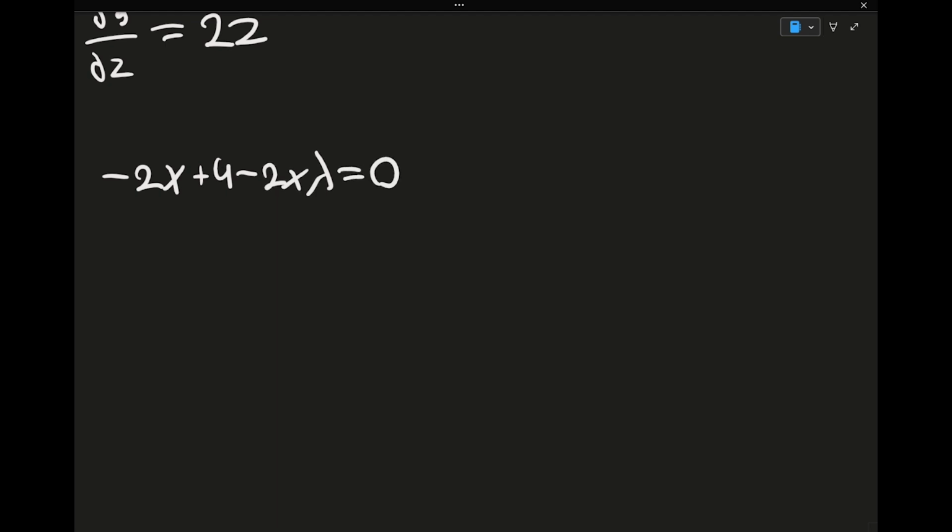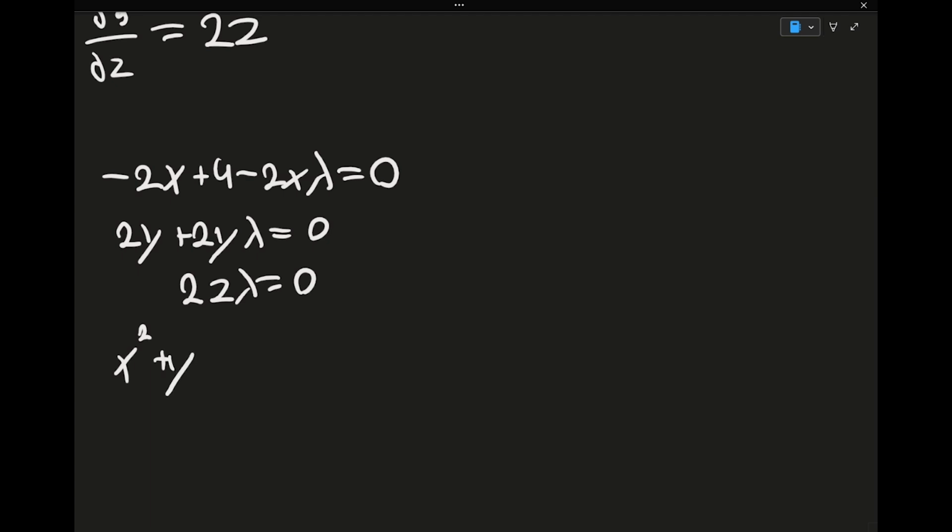We have 2y plus 2y lambda is equal to 0, and 2z lambda is equal to 0. And we also know that x squared plus y squared plus z squared minus 1 needs to be less or equal than 0. Okay.